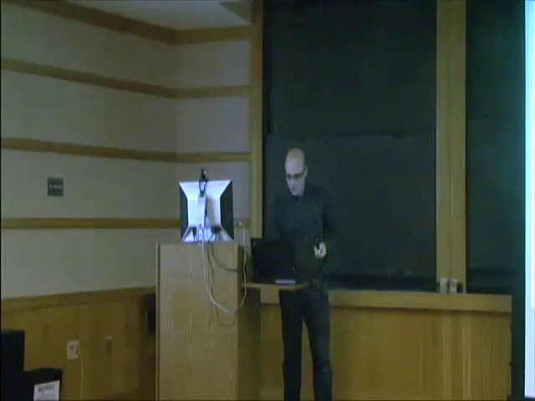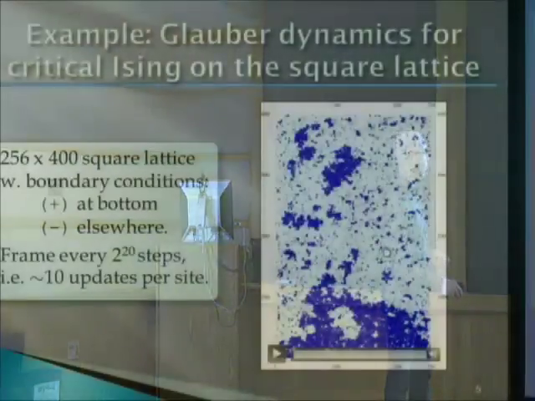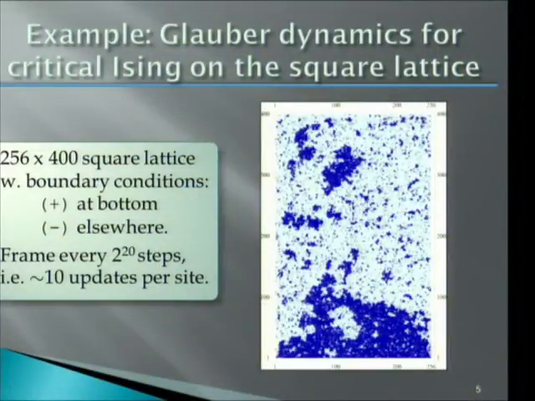OK. So here's our final picture. It's not a coincidence that I chose an all plus boundary condition below and minus on the other three boundaries of our box. This has to do with the way that we thought about the proof originally.